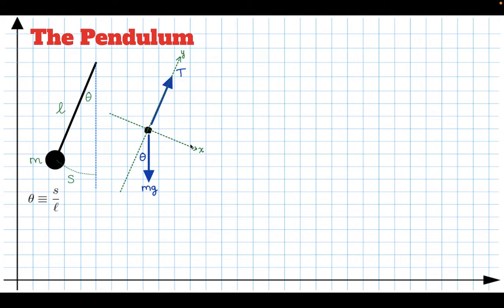So the two forces cancel in the y direction, and there's an unbalanced force in the x direction, and we're going to call that the restoring force, because it's the unbalanced force acting in this direction which causes the pendulum to swing back this way.